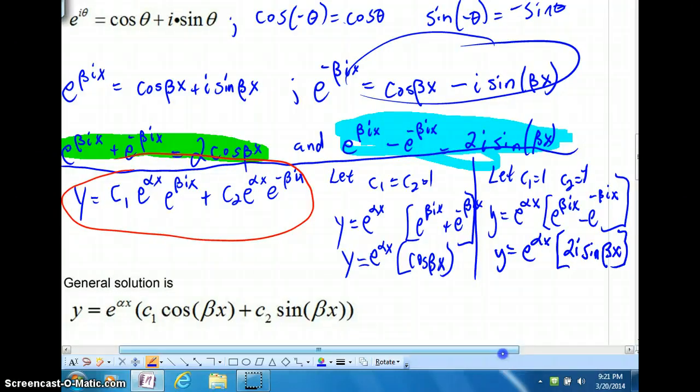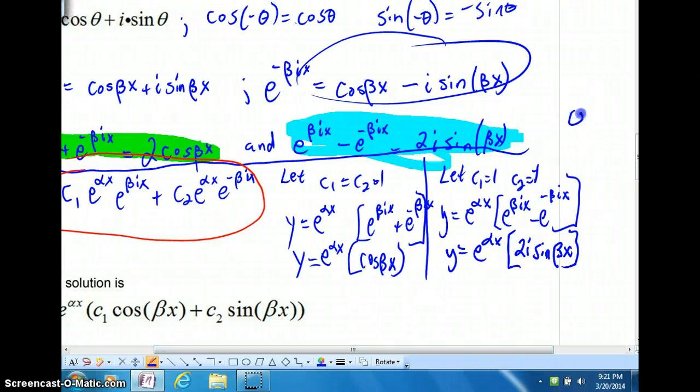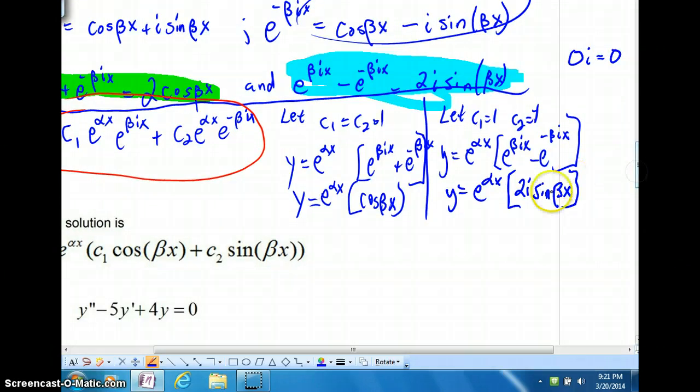Please remember that 0i would be equivalent to 0. So we could also say that e to the alpha x times 2 sine of beta x would also be a solution, and you could confirm that.